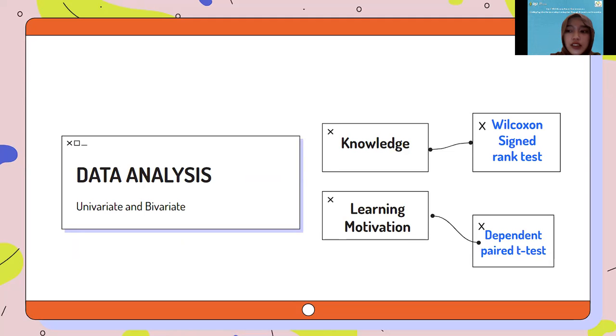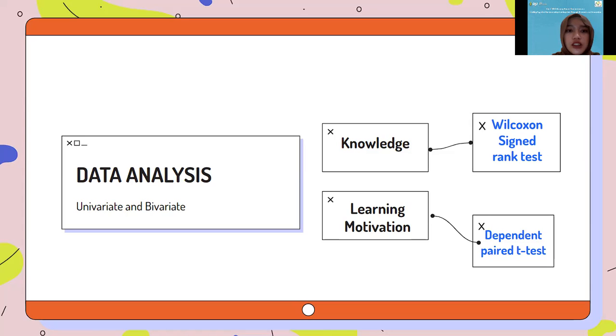The normality test was carried out as a prerequisite test to choose the data distribution, using the Kolmogorov-Smirnov. After this, we found that the knowledge variable was not normally distributed, so we use the Wilcoxon signed rank. And then learning motivation was normally distributed, so we use the dependent paired t-test.